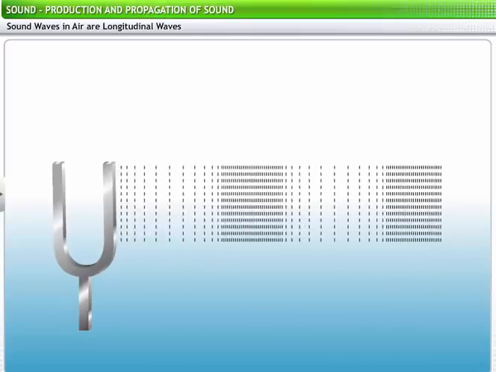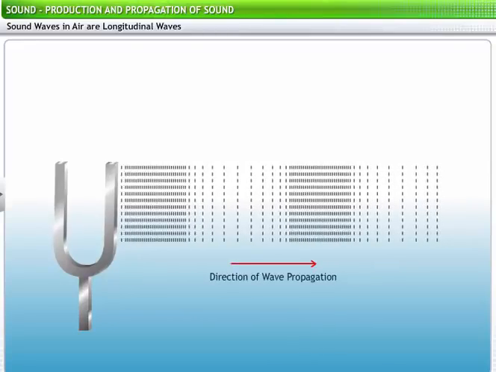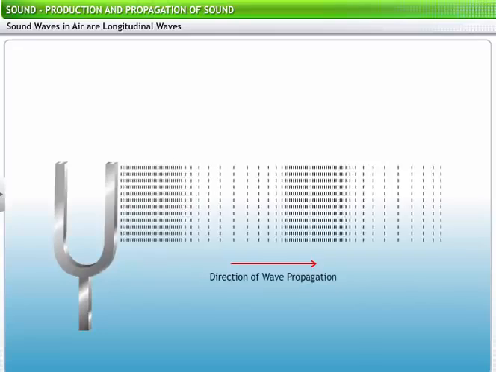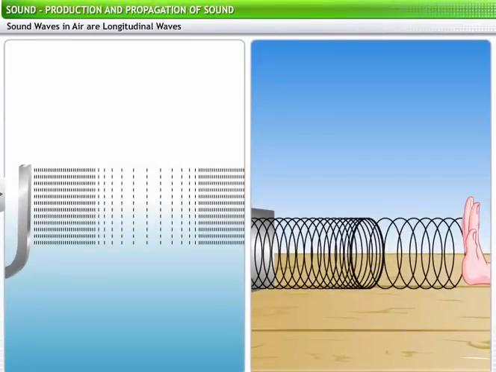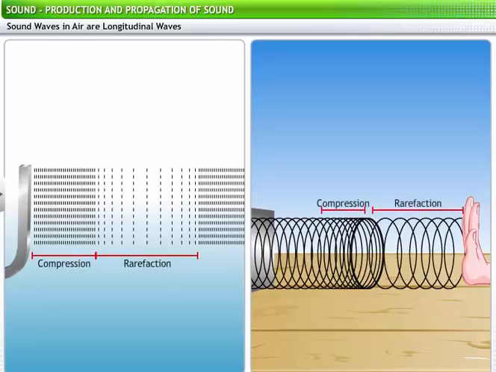In sound waves produced by a tuning fork, particles of the medium vibrate in a direction parallel to the direction of wave propagation. This produces compressions and rarefactions in the wave, similar to that in the pattern shown by a slinky. Thus, we can see that sound waves in air are longitudinal waves.